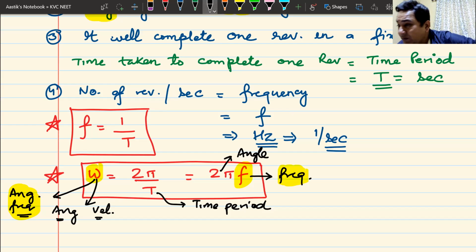So omega can also be called angular frequency. Omega in uniform circular motion is known as angular velocity. Do we understand this? Can I have some raise hand that we understand this, sir?